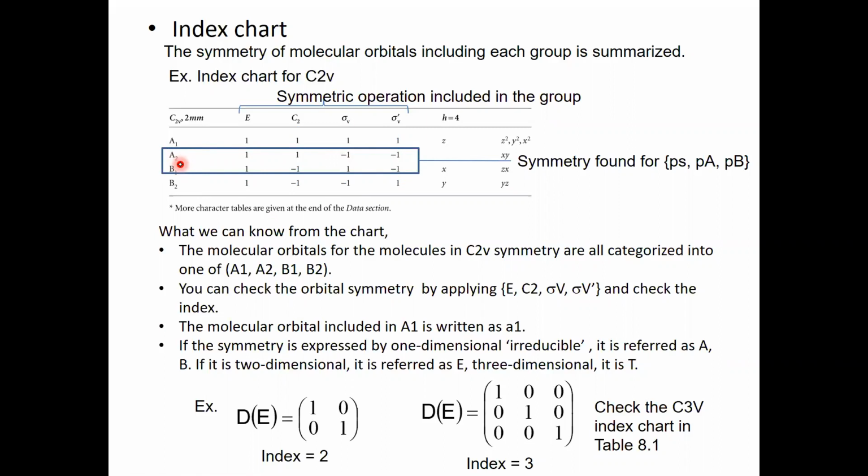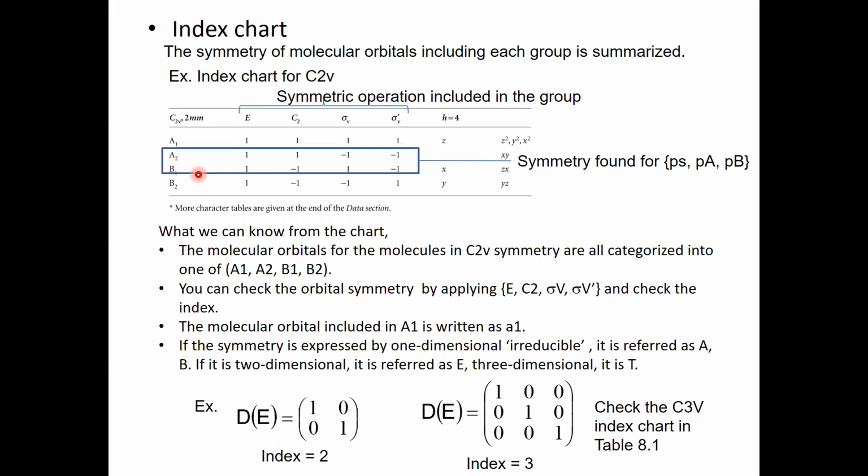So again, let me remind you, this vertical column means the symmetry of the molecular orbitals included in the C2V molecules. Okay. So actually, what we could obtain by calculation are included in the A2 or B1 type of symmetry of the molecular orbitals.